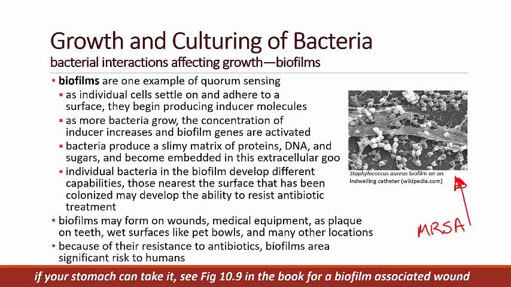And that inducer molecule is what then establishes that the biofilm genes get activated. So as the genes are activated, the bacteria begin to produce this really slimy matrix of proteins and DNA and sugar, and they secrete this stuff all around them, and they become embedded in this thin film of extracellular gooiness.